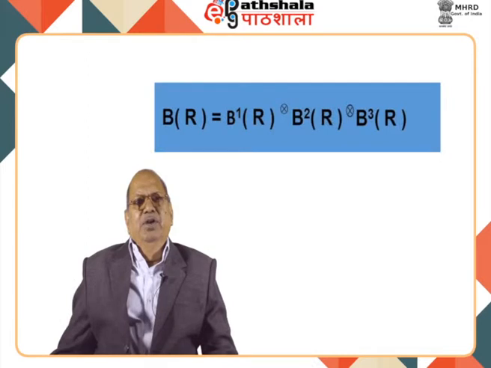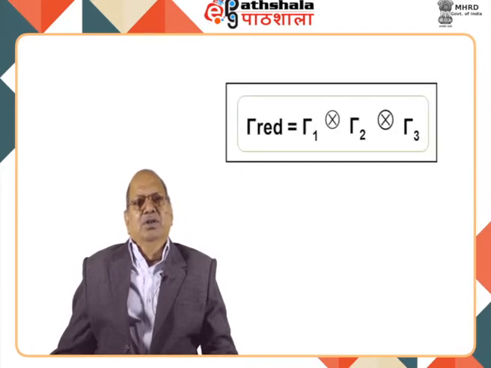Each of the lower dimension B(R) may be represented by tau1, tau2, tau3 representation of the point group. The whole transformation may be written as B(R) is equal to B1(R) direct sum B2(R) direct sum B3(R), or tau reducible is tau1 direct sum tau2 direct sum tau3.